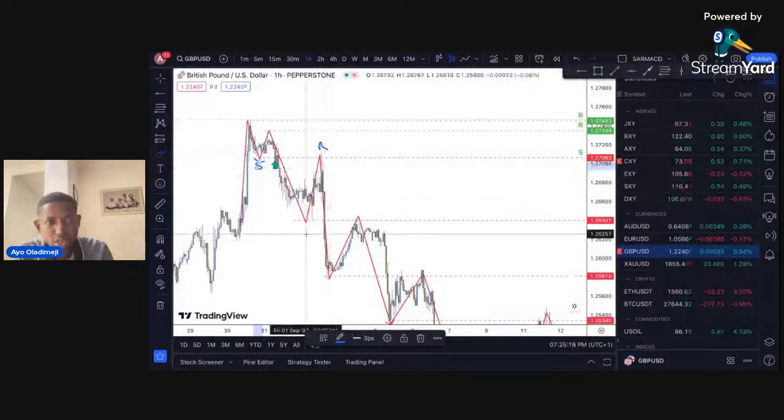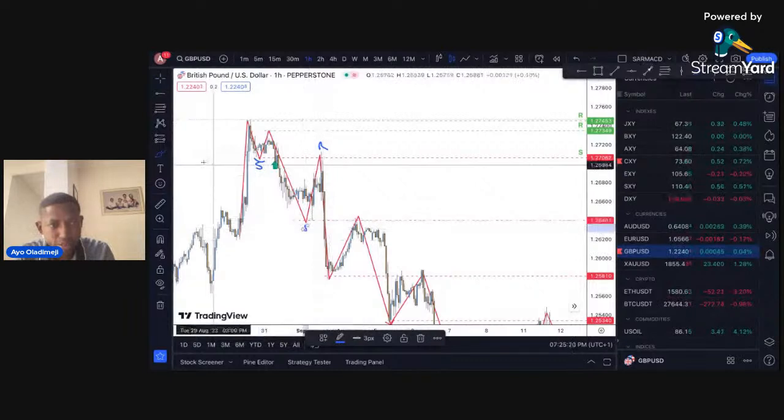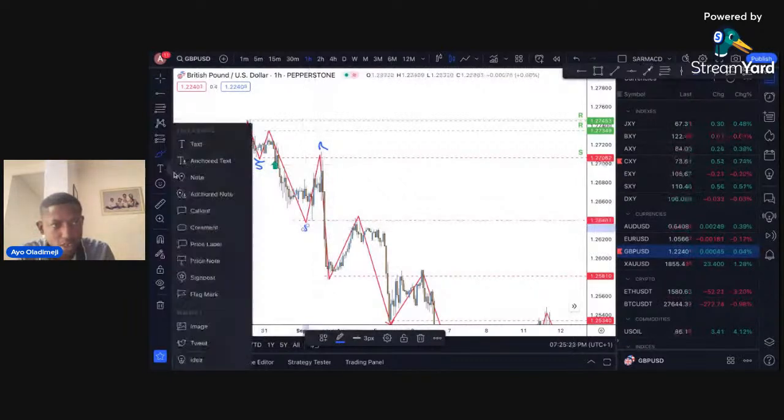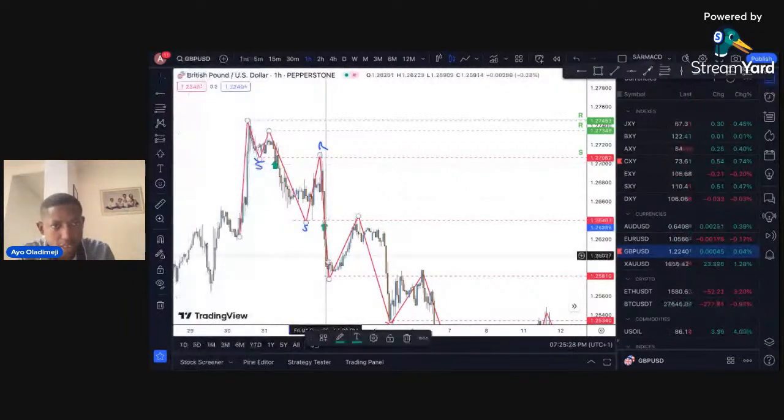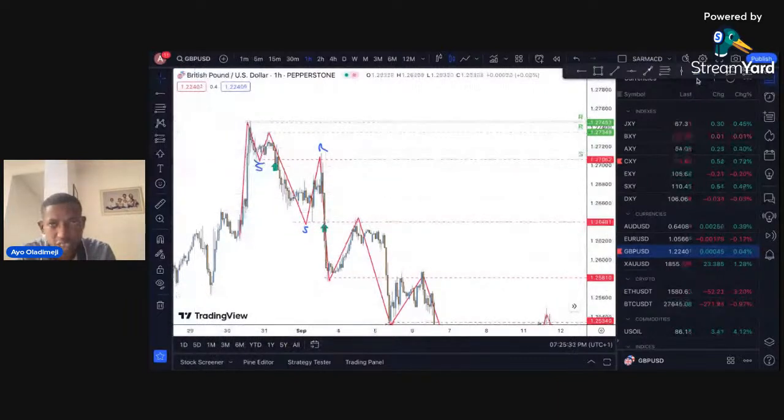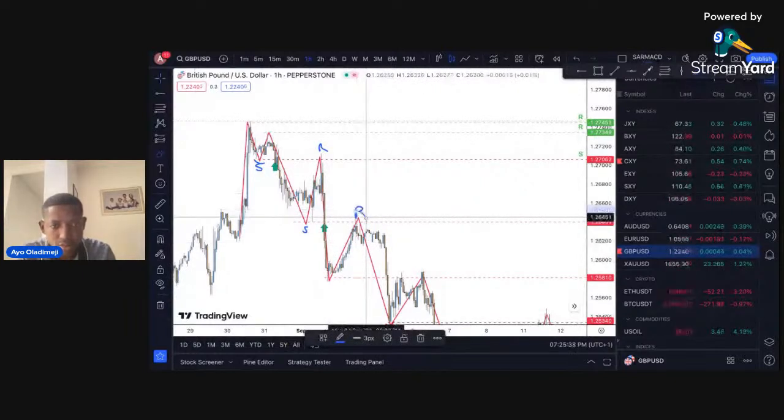Then when it got here, this is another support. Price again broke through it. You can see price breaking through it. Here, price broke through it, and then in the future it came back to become a resistance, right? Again, look at it here. Support.